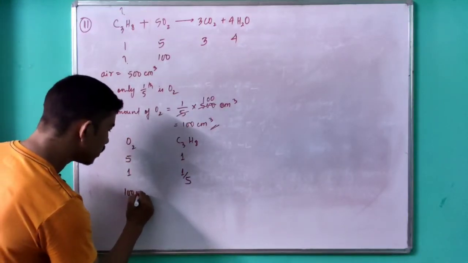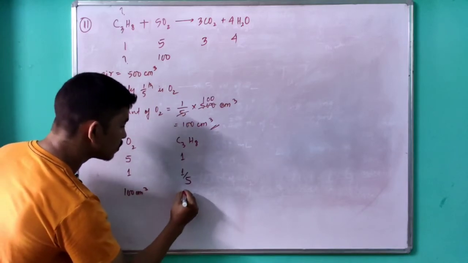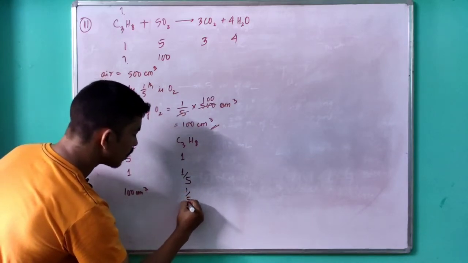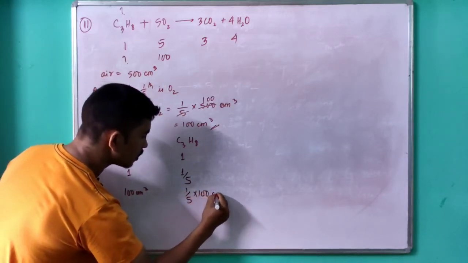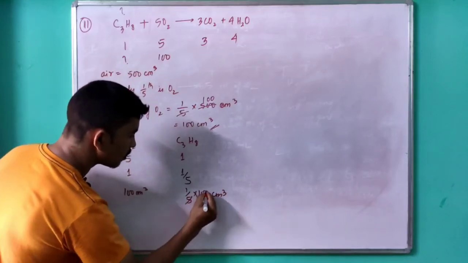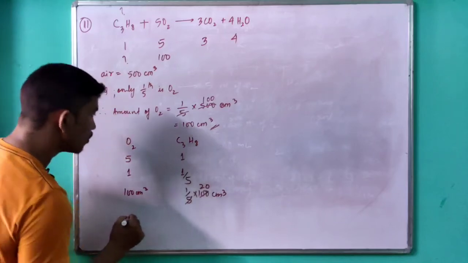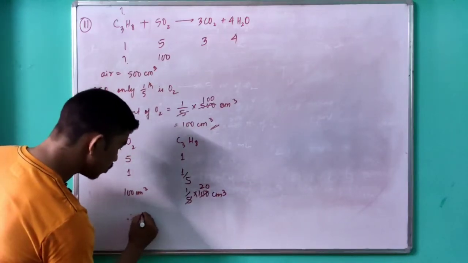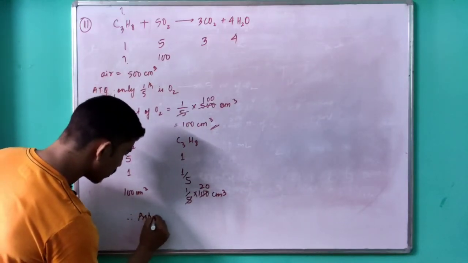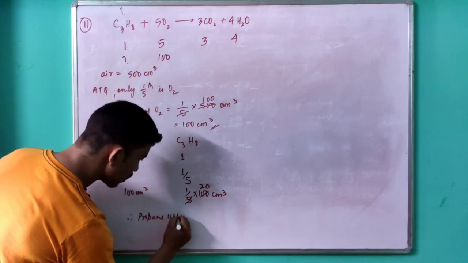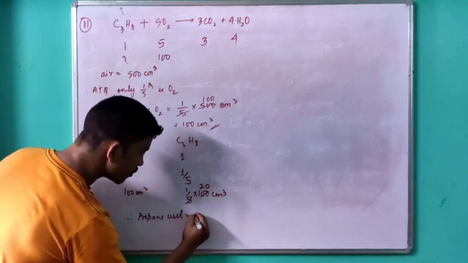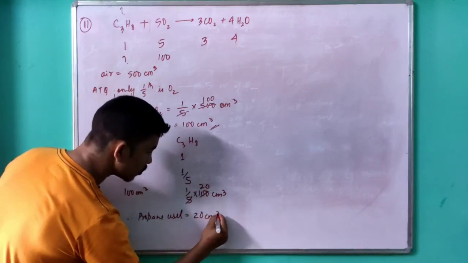So the 100 centimeter cube will use 1 divided by 5 into 100 centimeter cube. So 5 twenties are 100. So therefore the propane used will be simply 20 centimeter cube.